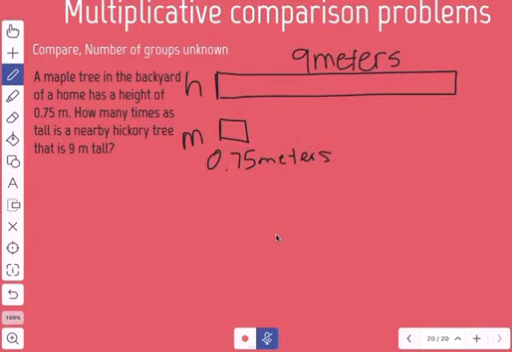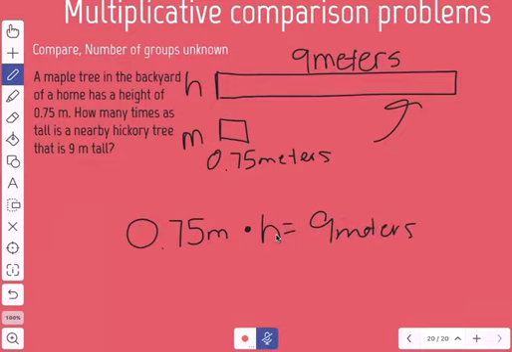I want to know how many times bigger this one is. So it's almost like my situation equation might be 0 and 75 hundredths meters times, we'll say, h for height equals 9 meters.